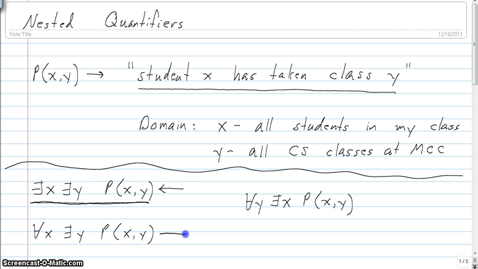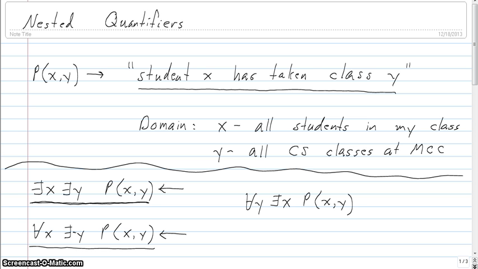If we move on to this next quantified statement, we've got the universal quantifier on X. So that allows for all values of X, and the existential quantifier on Y. So the way you might translate this is, all students in my class have taken some computer science class at MCC.